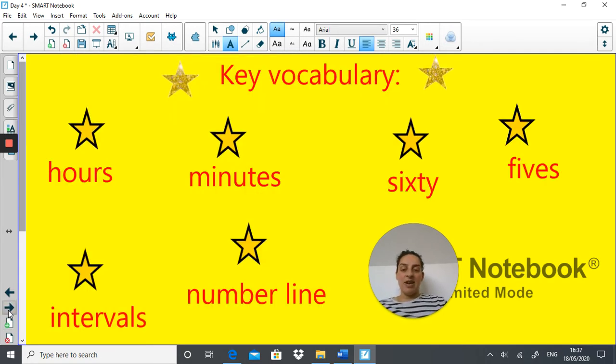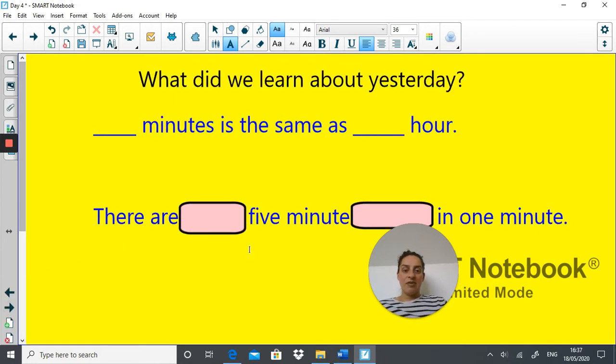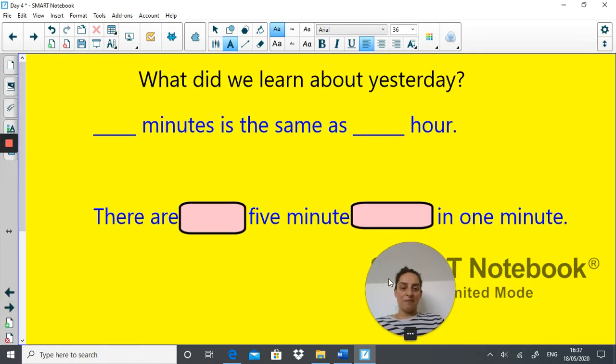So our key vocabulary is the same as yesterday because we're covering the same sort of material and just adding more onto it. So it's hours, minutes, 60, fives, intervals, and number line. Right, so two sentences, missing words. What are the missing words?